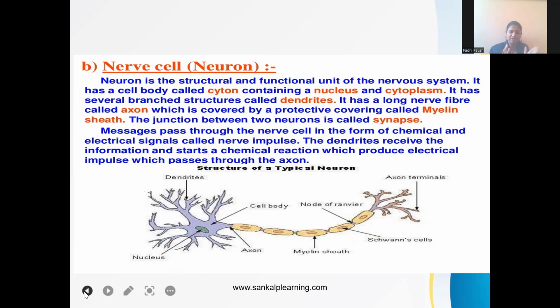This axon is protected by a covering or sheath called the myelin sheath. The junction between two neurons is called a synapse, which I will show you. Messages pass through the nerve cell in the form of chemical and electrical signals. From one neuron to another, the messages transfer as chemicals or electrical impulses, which is called a nerve impulse. The dendrites, or the branchings, receive the signals and send the signal to the other neurons.